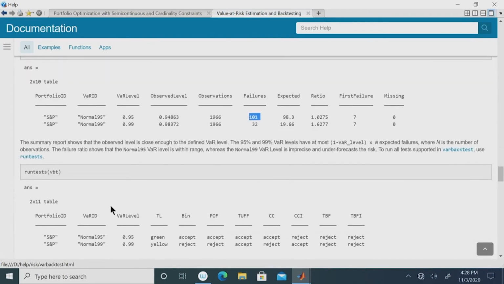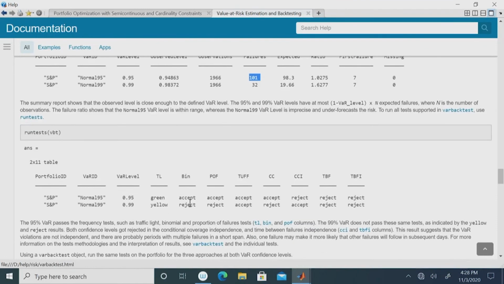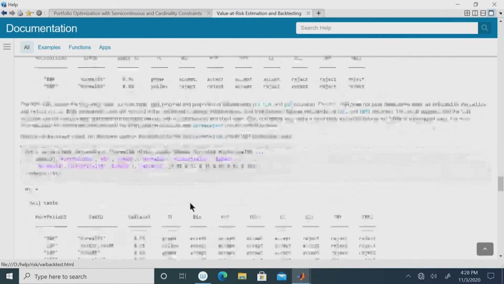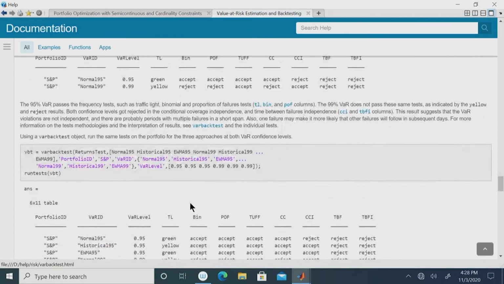These are results that estimate how much under-forecasting of risk was accomplished.